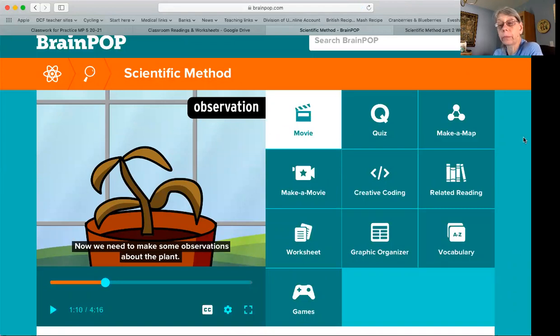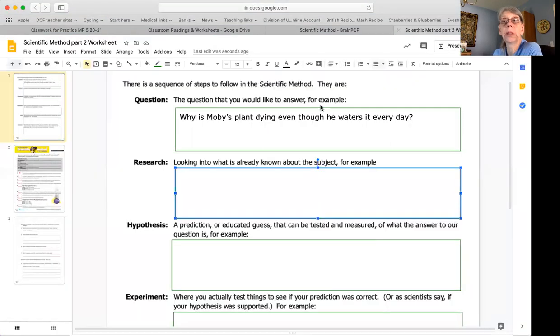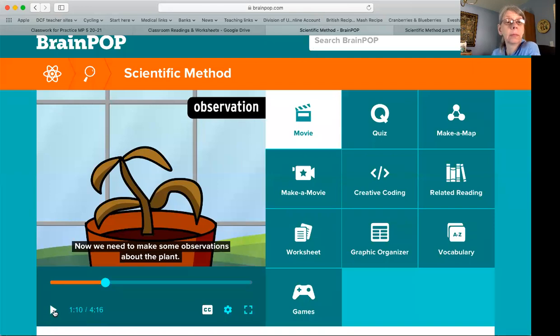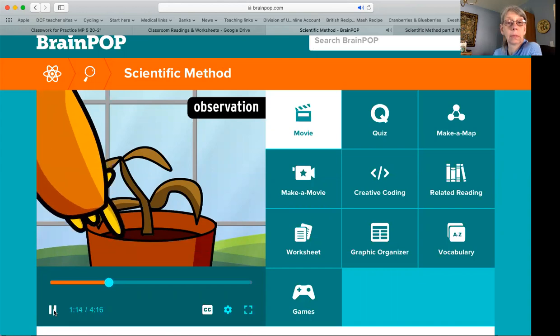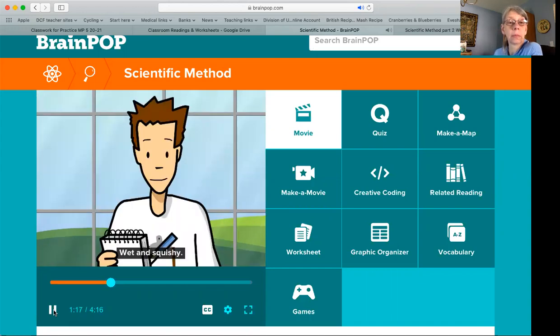Okay, so we know that plants need water. Let's see what else. The leaves are brown and falling off, and the soil is wet and squishy.